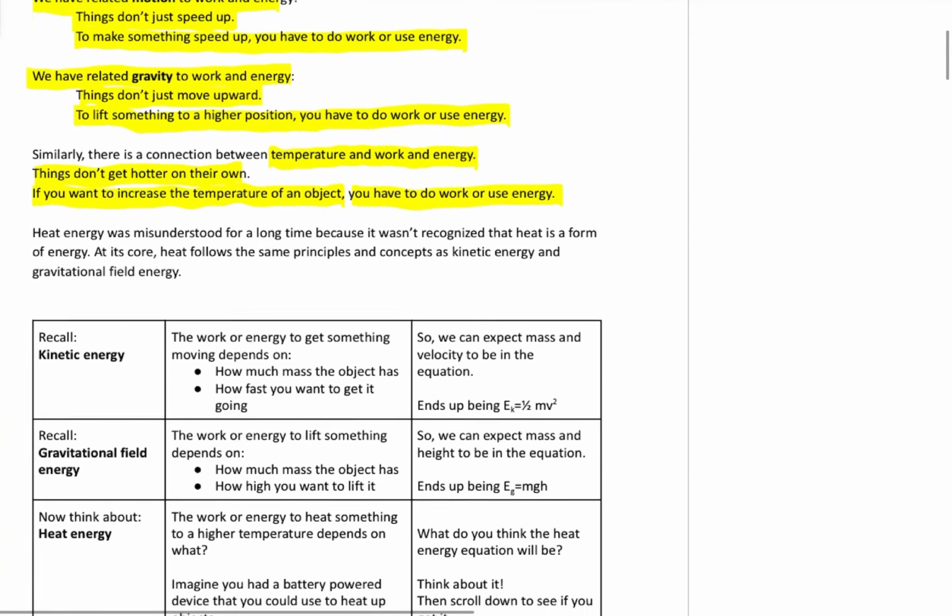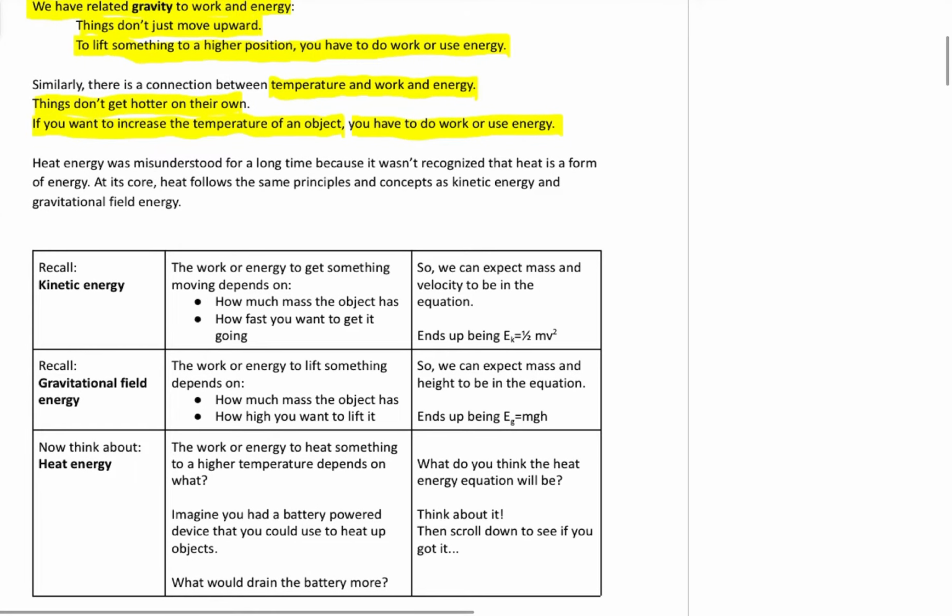If we think back, if you think about kinetic energy, we've already got the equation, but now that we have the equation, we can sort of backtrack. It kind of makes sense that if we're trying to make something move, how much work or energy we have to expend, how much work we've got to do, depends on how massive the thing is, and it depends on how fast you want to get it going.